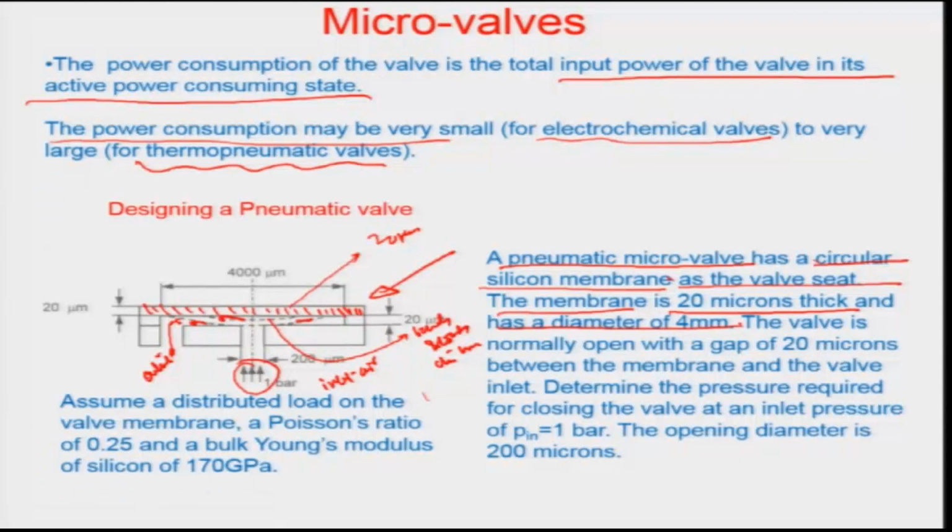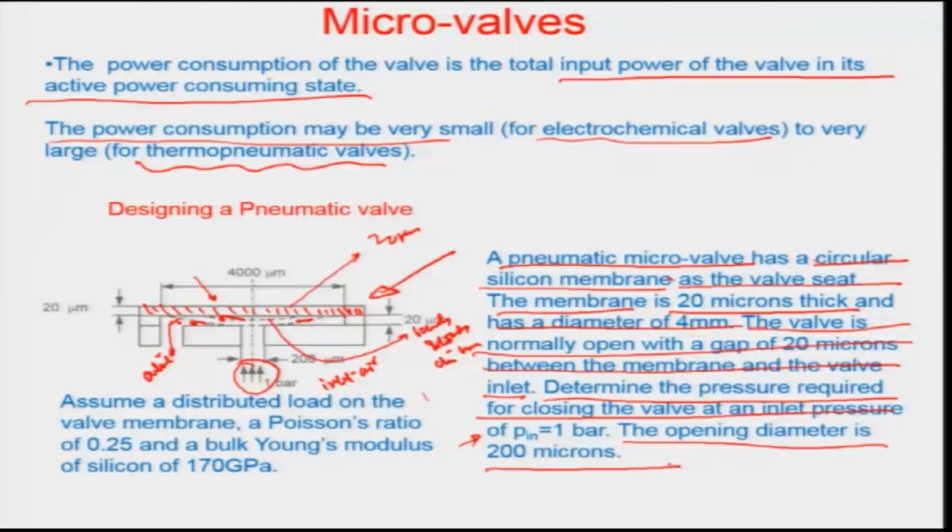The valve is normally open with a gap of 20 microns between the membrane and the valve inlet, and from all this information we will have to determine and design the pressure required for closing the valve at an inlet pressure of P inlet equal to 1 bar through the process of bending this particular member, and the opening diameter for the same is about 200 microns.